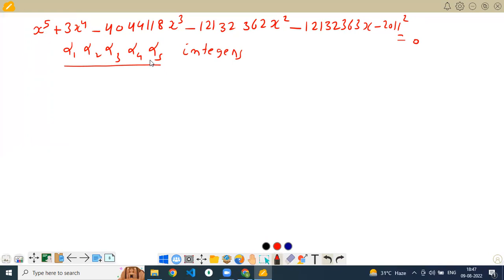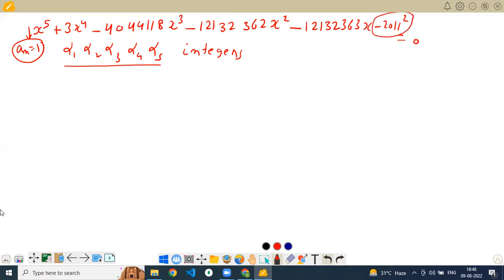This question is from your book, the last question of the PDF you sent me. Now this is homework for you. What you have to think about is the coefficient an is 1 here. That means if the roots are integers, then the roots will be divisors of this.